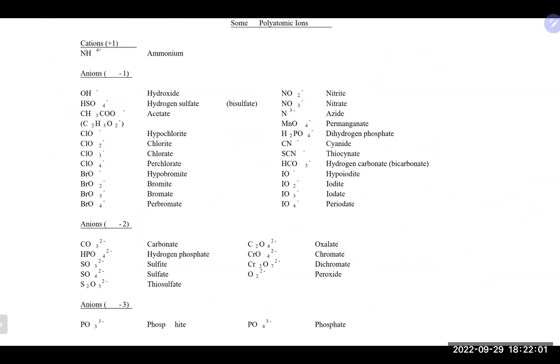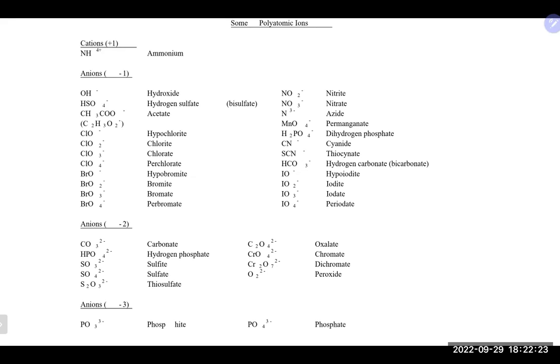So here's a list of some polyatomic ions. A vast majority of polyatomic ions end in one of 2 ways. They end in either ate or ite. And you could group a lot of ions together by how they are related to each other.